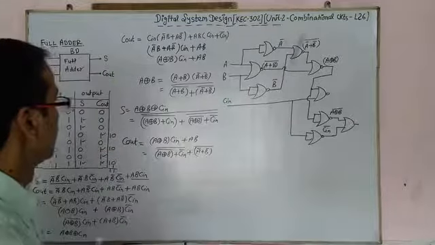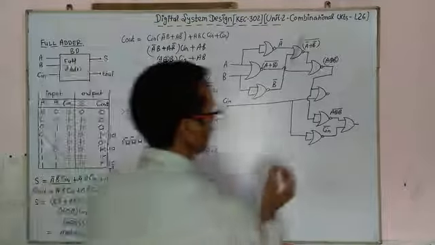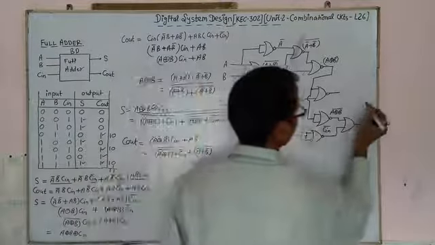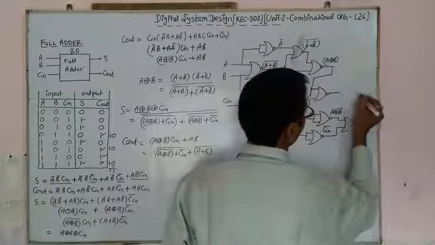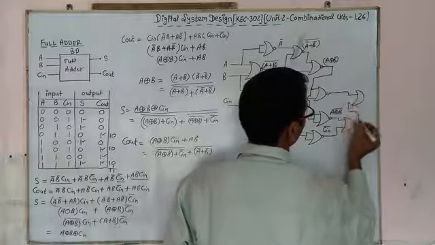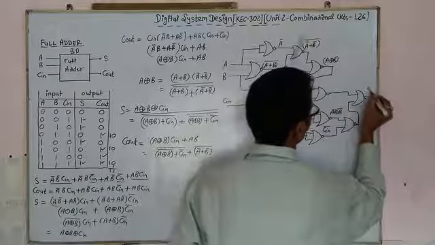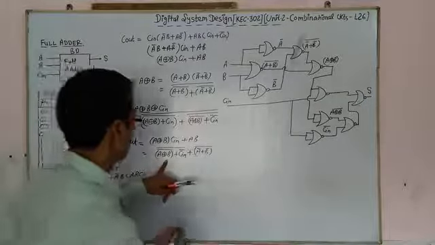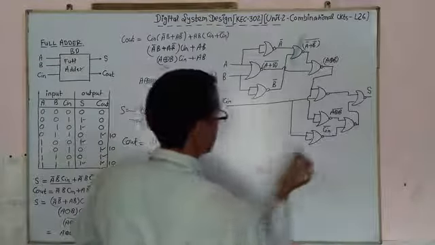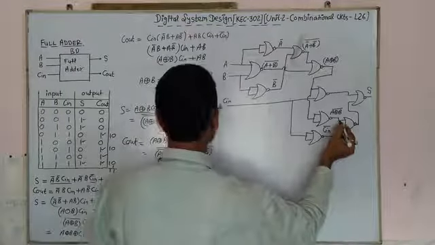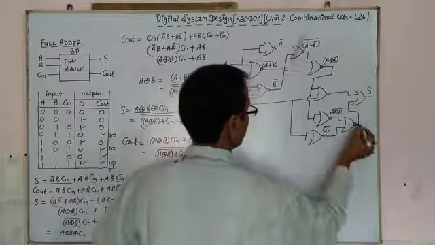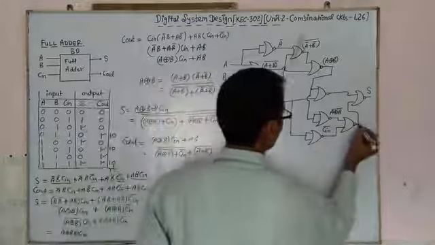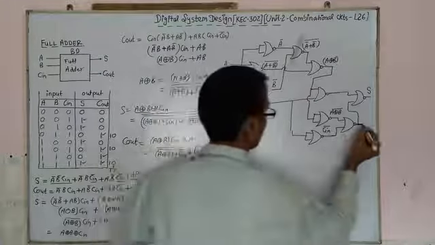So now this is this term and this is this term. Now again we will add, this is sum. And this A XOR B bar plus C in bar, so this is the output here, A XOR B bar plus C bar ka bar we are getting.